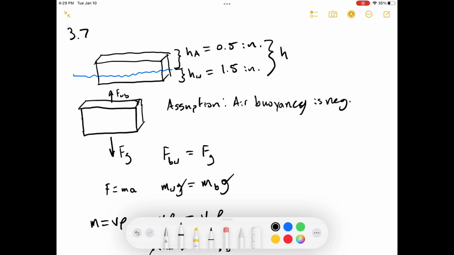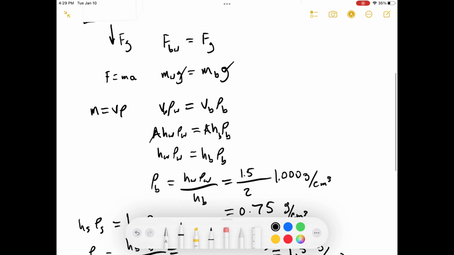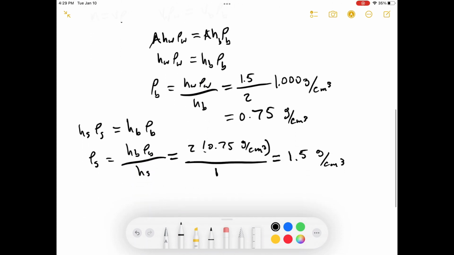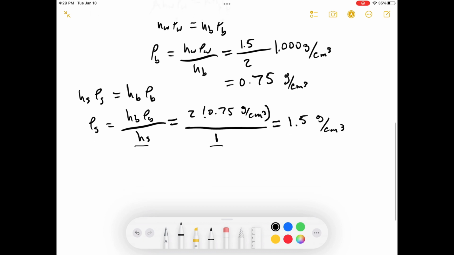Most of the block was in the water. But for the solution, the height was 1 inch. So the block came out of the water about half an inch. And so that makes sense that the block is sitting in a more dense solution on the second part.